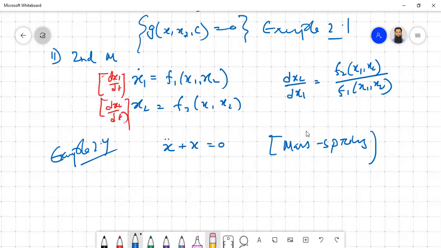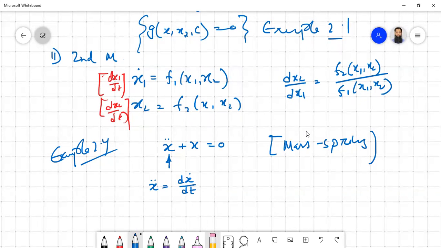Okay. So the first thing that you have to do is eliminate the time variable. The time variable is available here only. So you can write x double dot equal to dx dot by dt.